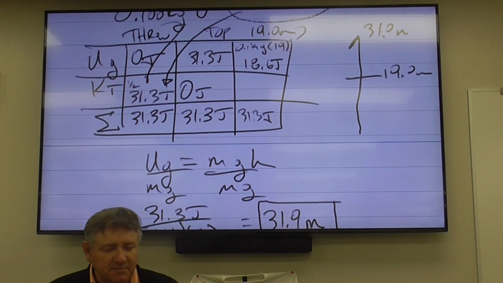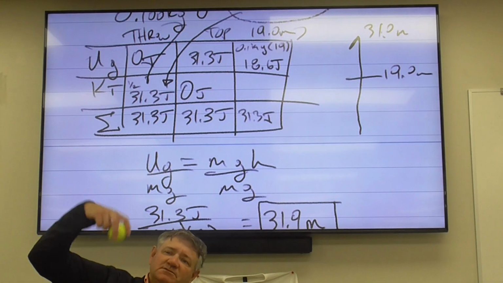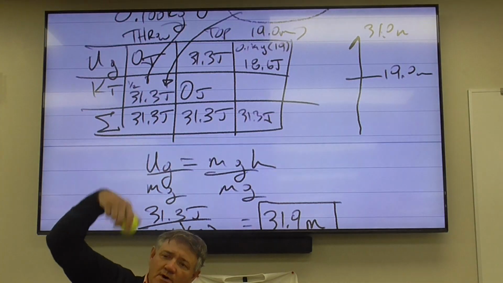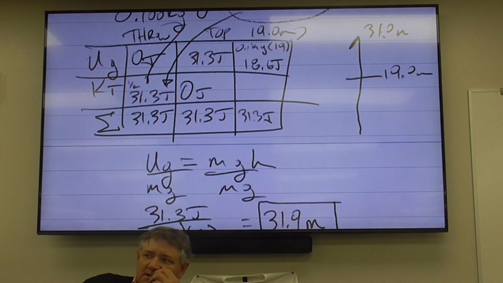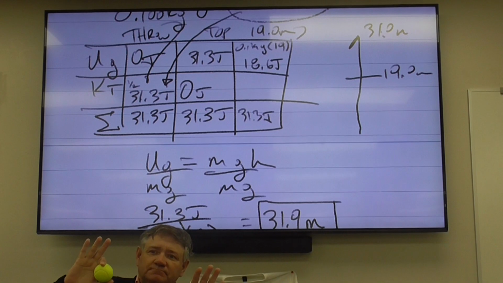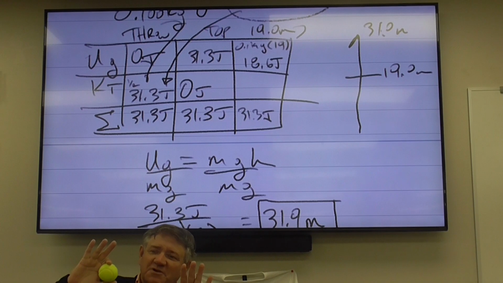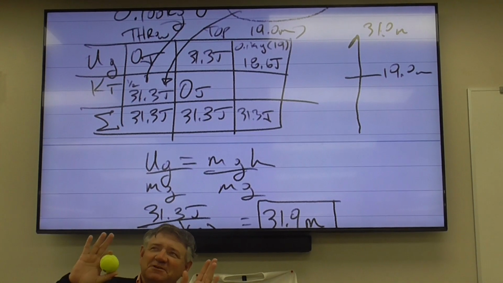Now, does it make any difference if that ball is on the way up or on the way down when it crosses that 19 meter mark? Is that going to make any difference in terms of that calculation? No, it doesn't matter, because we're not doing the bounce thing.